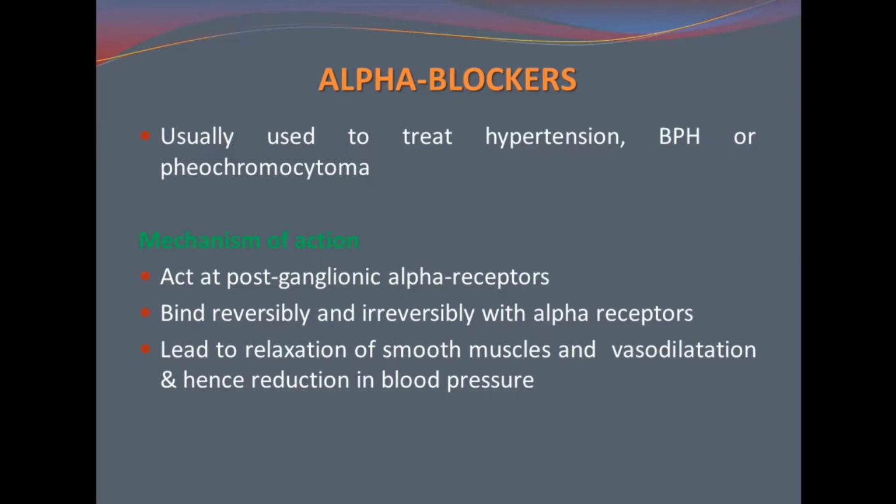Alpha blockers are usually used to treat pheochromocytoma, hypertension, and benign prostate hypertrophy, while these blockers bind reversibly and irreversibly on postganglionic alpha receptors and cause relaxation of smooth muscles and vasodilation.